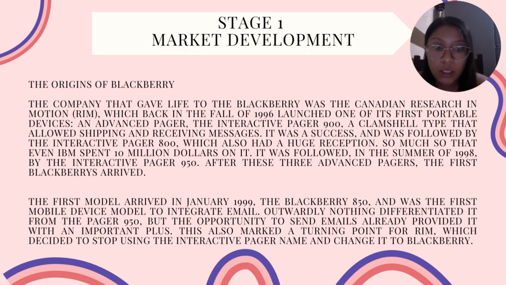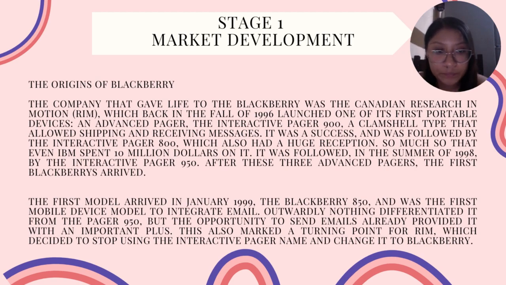$10 million on it. It was followed in the summer of 1998 by the Interactive Pager 950. After these three advanced pagers, the first BlackBerrys arrived. The first model arrived in January 1999, the BlackBerry 850, and was the first mobile device model to integrate email.